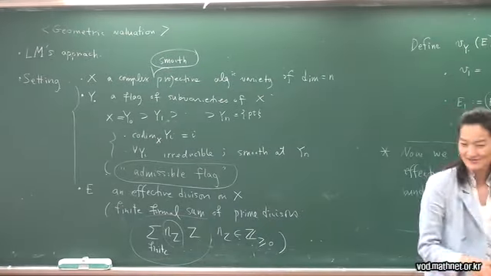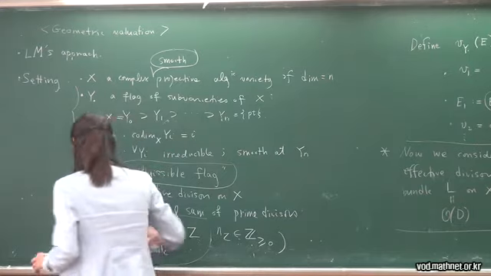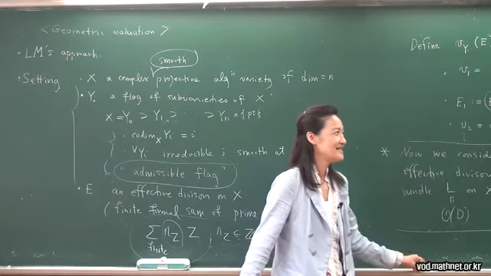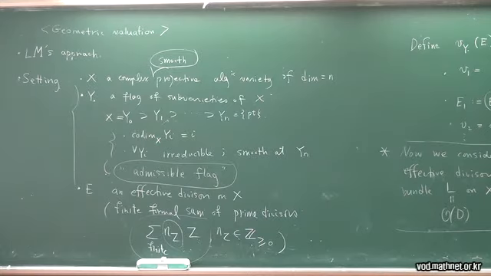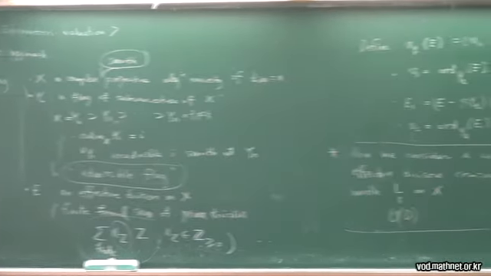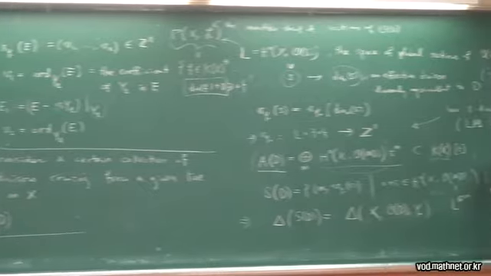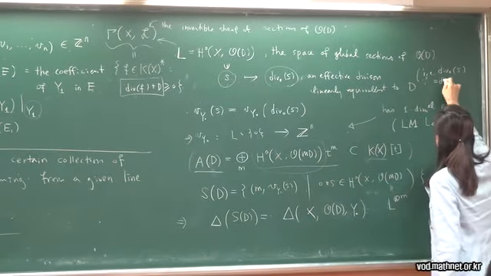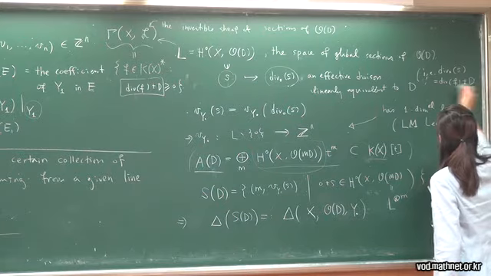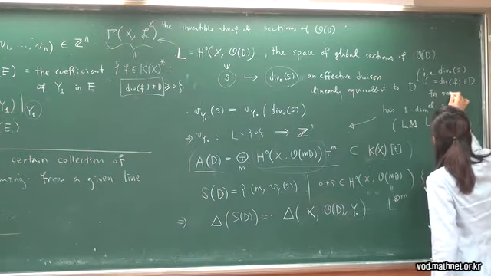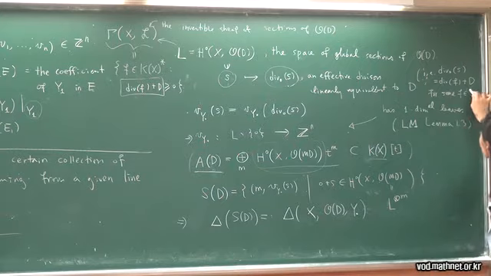Sure. When you are talking about divisors, you are quotienting out by an equivalence relation, linear equivalence. That is, D' is linearly equivalent to D if D' is the divisor of f plus D for some rational function f. So up to the equivalence, given a divisor, you can associate a line bundle.